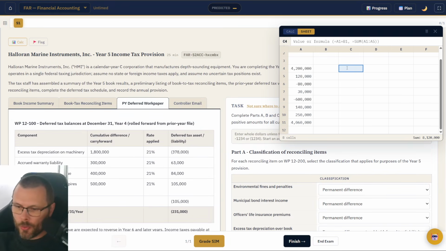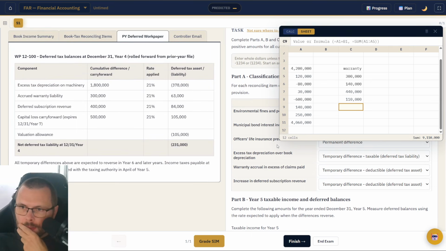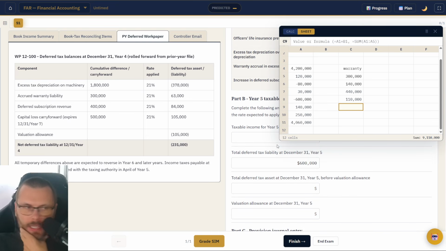This is the warranty: 300 to start the year, 140 new in the year. $440 times the 25% is 110 for the warranty deferred tax asset.